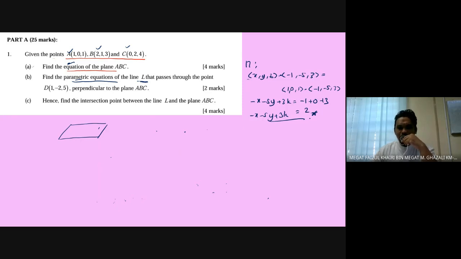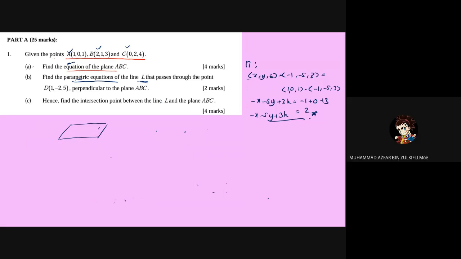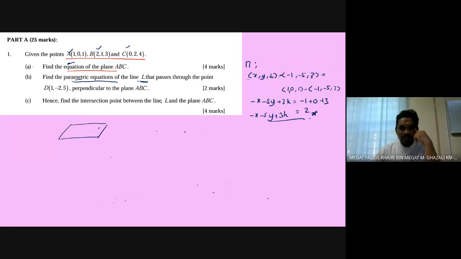What is perpendicular? Can anyone say something to me? Class. The line of L perpendicular to the plane. The line is 90 degrees to the plane. Okay, the line is 90 degrees to the plane.